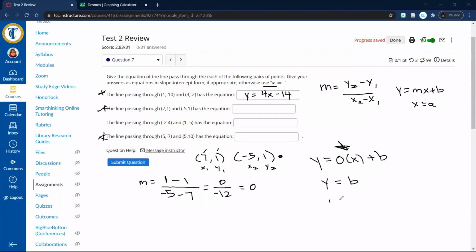And notice for each of those, 1 was the y value. And that just means that it's on that line. And no matter what x value you put in there, you're always going to have 1 as your output. So y equals 1. Any questions about that one? And that'll be a horizontal line, right? That will be a horizontal line. Now we'll actually write that down.